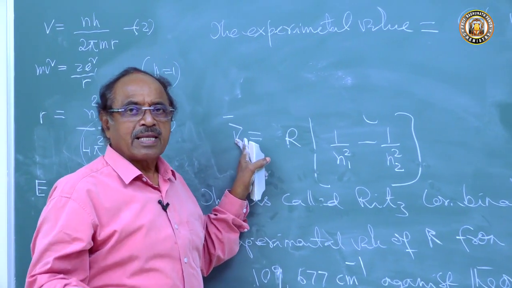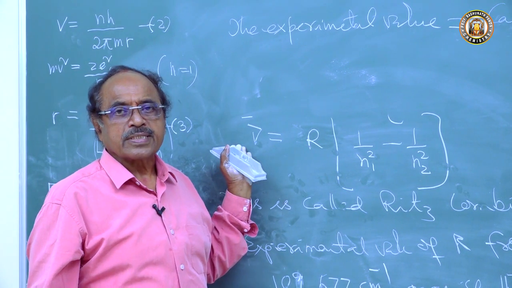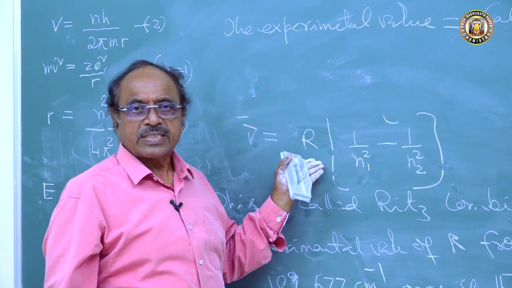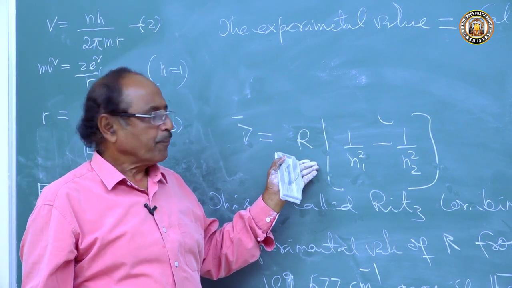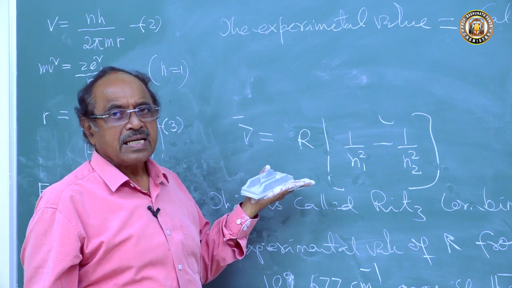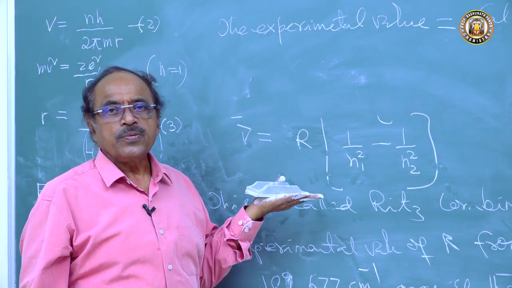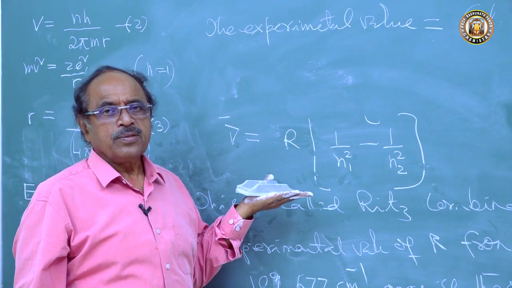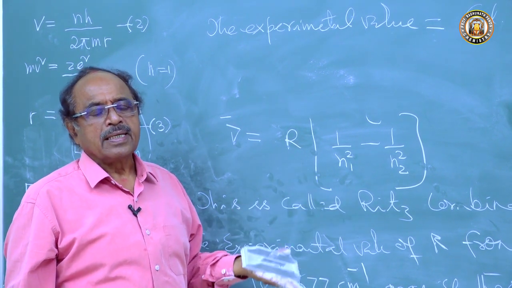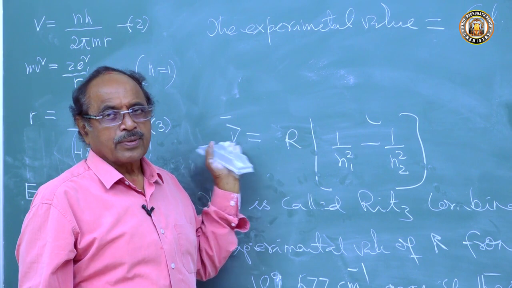And if you take c by lambda, you can get the frequency. So from this equation, we can calculate the frequency and the energy. Why? E equal to h nu, nu equal to c by lambda. So E equal to h into c into nu bar. We can get the value.